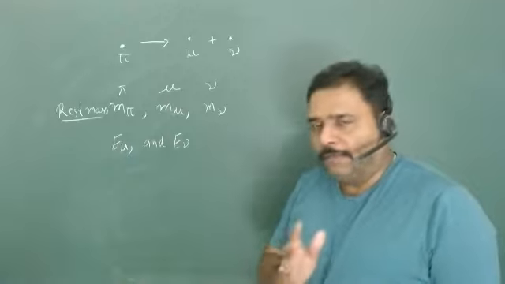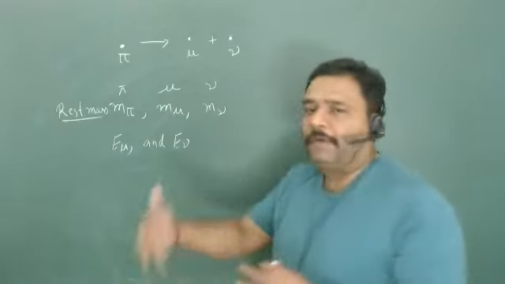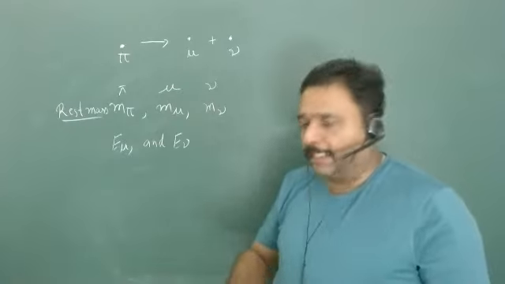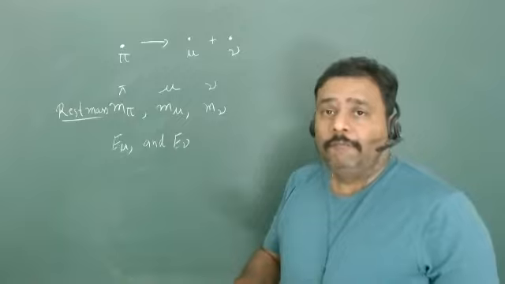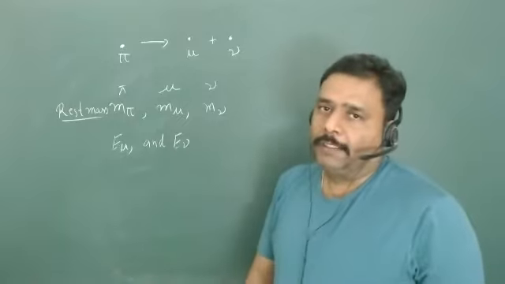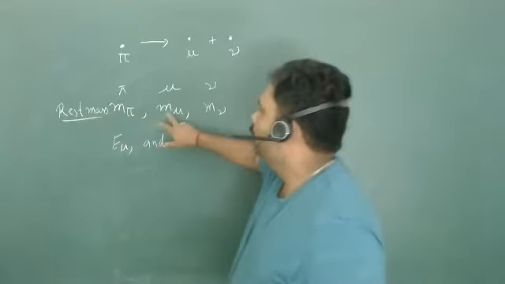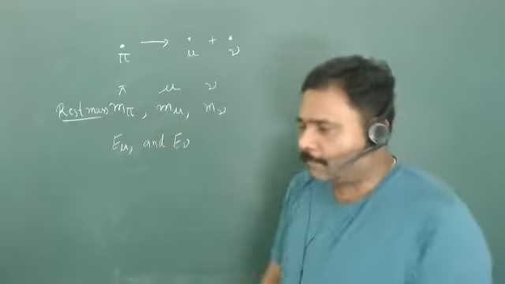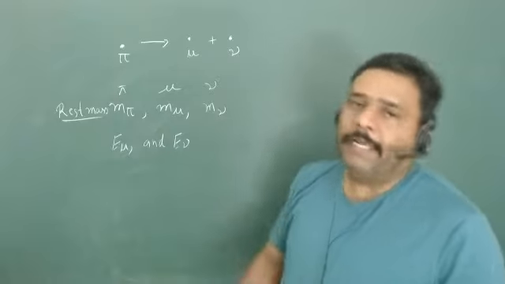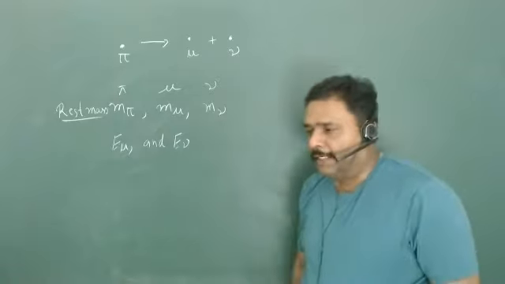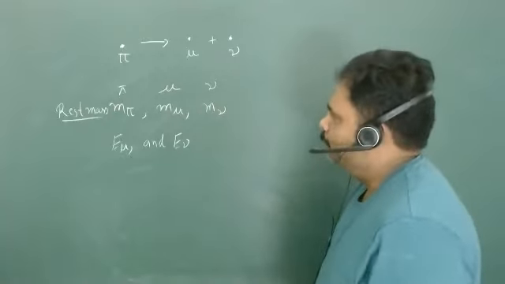You may use some buffer variable introduced by you to solve the problem, but finally you have to remove all of these and give the answer only in terms of m pi, m mu, and m nu. This is a very important thing. So let's try to go for this problem.